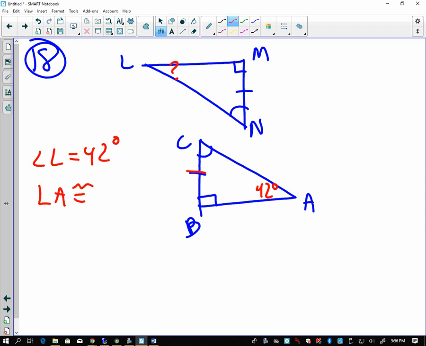We have a leg and an acute angle that correspond to each other. These are right triangles, so I can use my right triangle congruency. Therefore, their corresponding parts are congruent. Angle L corresponds to angle A. If angle A is 42, then angle L is 42.